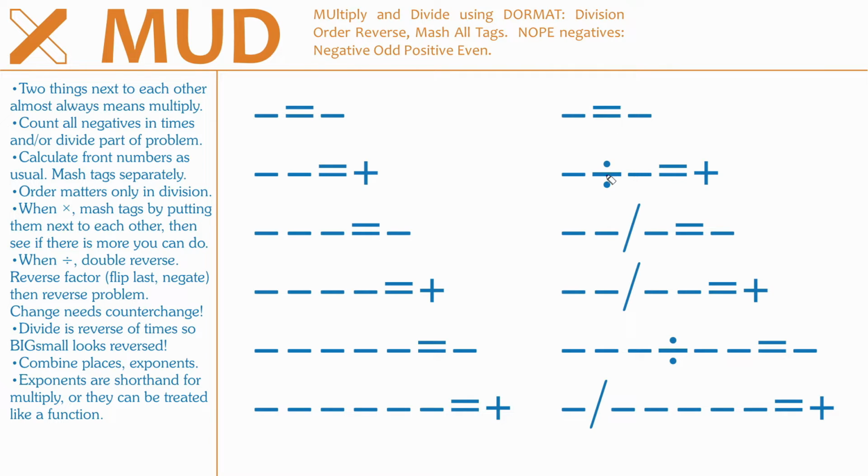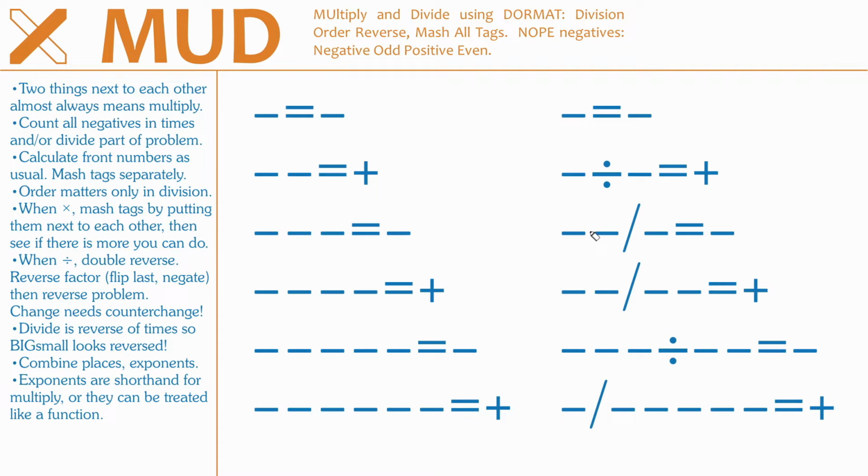Here we have 2 that are being divided, a negative, and you could have numbers in here or they could be in front of a single number. It doesn't matter. It's all the multiplying, dividing part of a problem. So a negative number divided by a negative number is positive because 2 negatives is even, therefore the answer is positive.